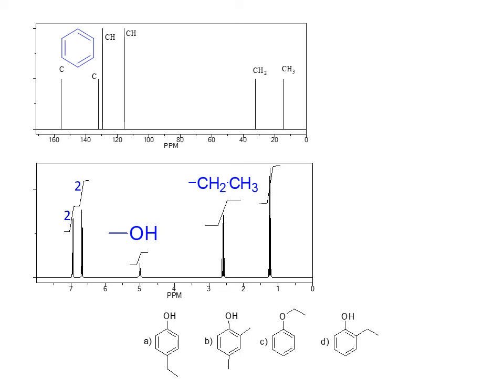And only A has symmetry that is represented in carbon-13 NMR. That means 2 quaternary carbons, or 2 carbons without any hydrogens, that are unique. One is bonded to the hydroxyl group, the other one to the ethyl group, and 2 CH carbons. Each CH signal represents 2 carbons because they are identical.